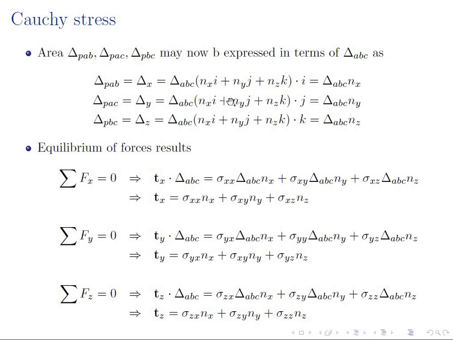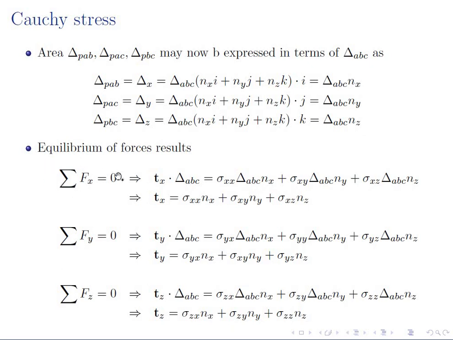And we can also see that delta x is nothing but the projection of the area ABC on the x plane, or on a plane whose normal is along the nx direction. Similarly, delta y is the y projection of the area ABC, and delta z is the z projection of the area ABC.